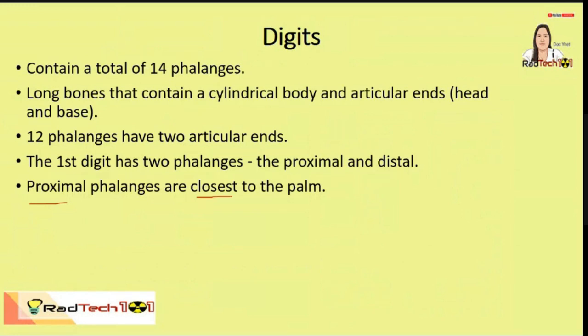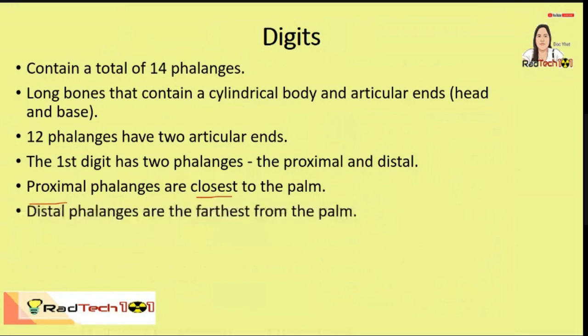If you can recall the proximal and the distal for directional terms that we have discussed during the prelim period, proximal is near or closest to the point of origin. So our digits are attached or articulated to our palm. Of course, this is called the distal because it is far from the palm of the hand or far from the origin.